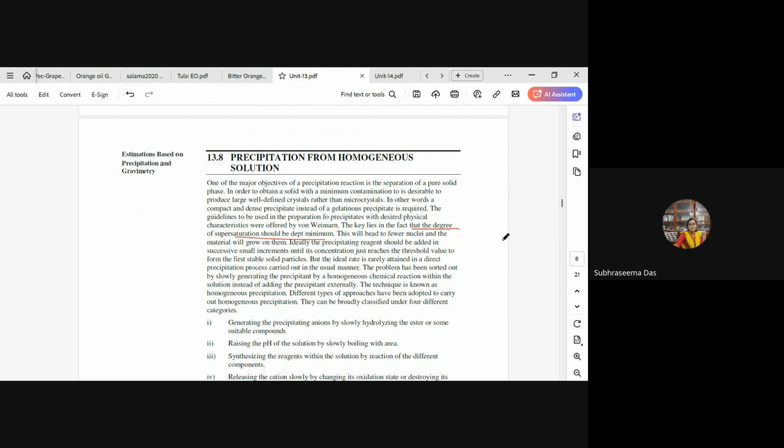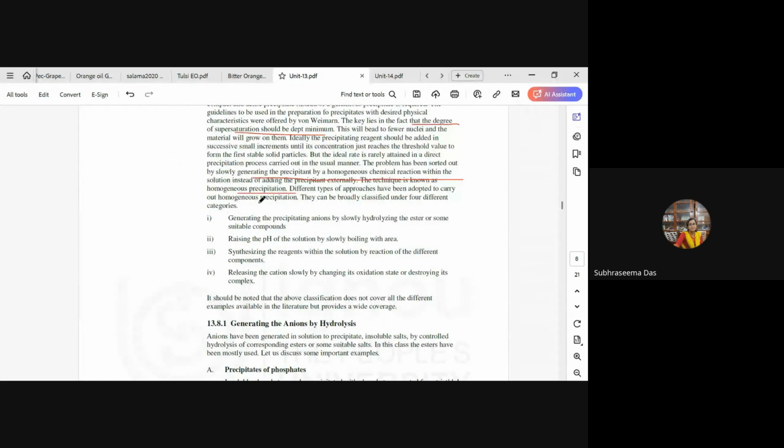But the ideal rate is rarely attained in a direct precipitation process. This problem has been solved by slowly generating the precipitant by a homogeneous chemical reaction within the solution instead of adding it externally. This technique is known as homogeneous precipitation. Different approaches have been adopted to carry out homogeneous precipitation, classified into four categories.